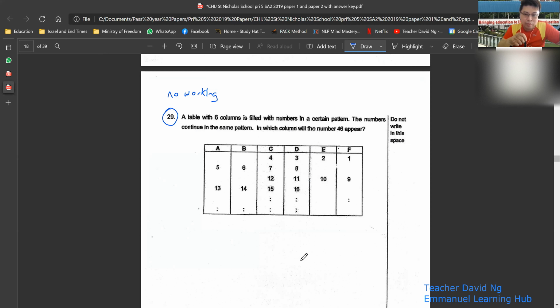So I calculate their difference for every column. Then I add the difference until I see 46. Then the ones that don't have, I skip that one. Then B, I counted 6 and 4, the difference 8, so I continued adding 8 and got 46. Okay.